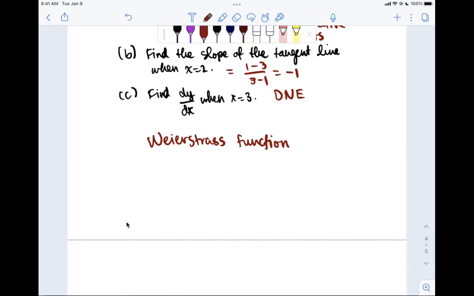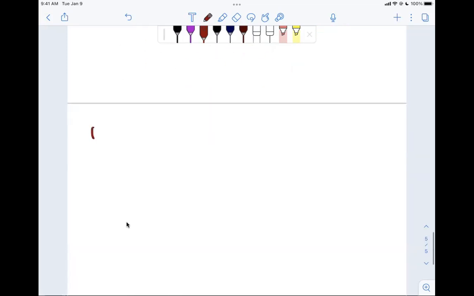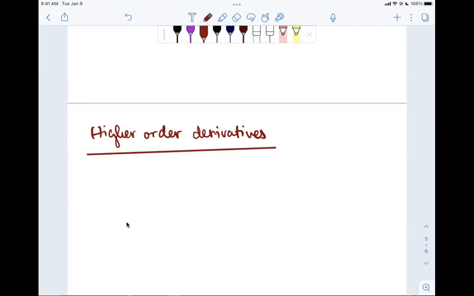All right, now let's talk about higher order derivatives. So we talked about notation for this once before, but let me just go over it again real quick. All right, so firstly, higher order derivative just means you're taking the derivative multiple times.